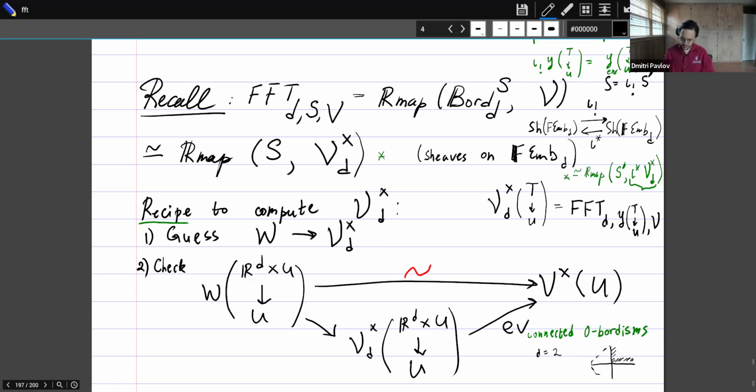And you have a germ, so a little ball where the geometric structure lives. In the case of a representable geometric structure like here, the geometric structure is simply embedding into RD. So this little ball is embedded into RD.